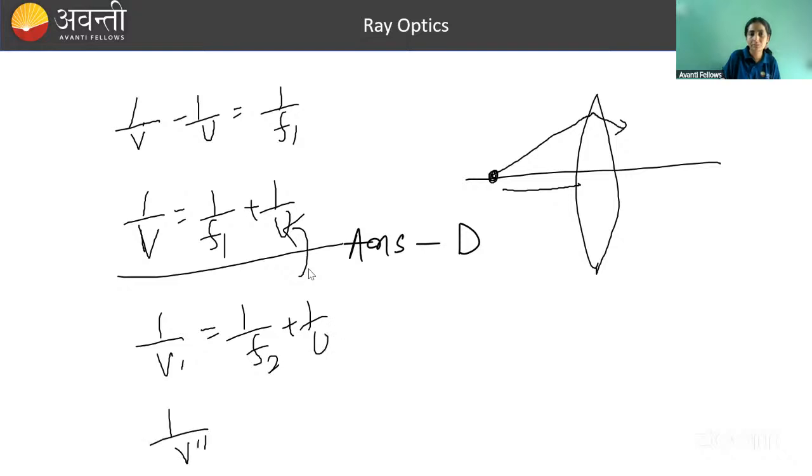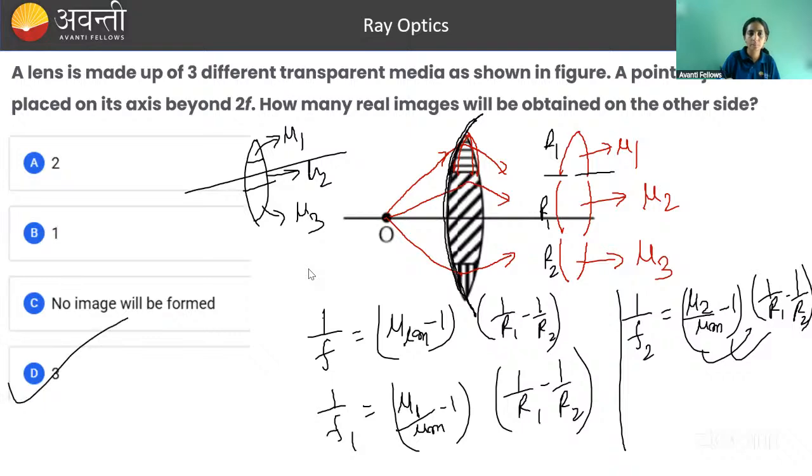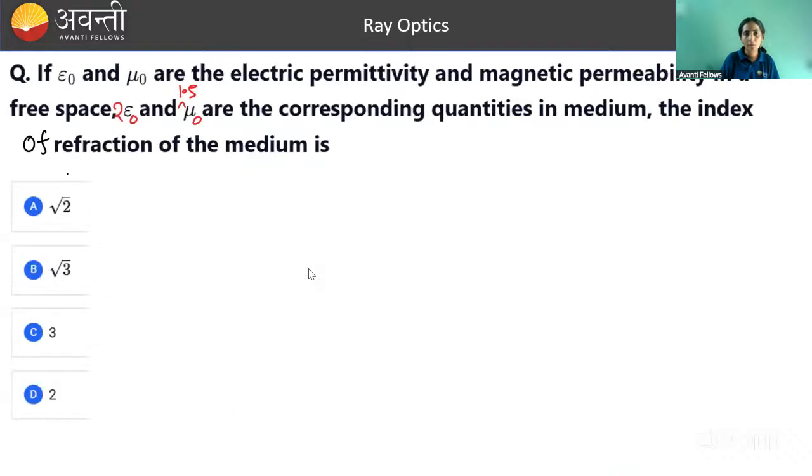In the third case, 1 by f3 plus 1 by u. So the image distances are different in the three cases, and we will get images at three points. It means three images. So the correct answer will be D.